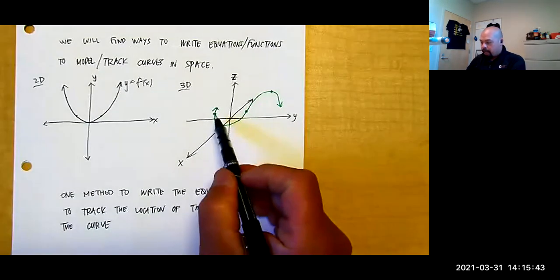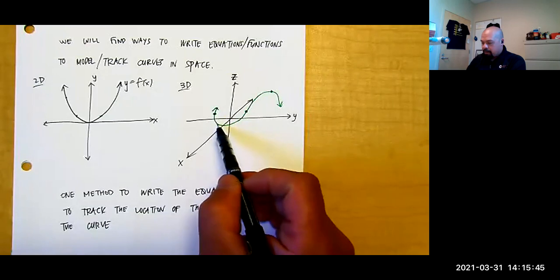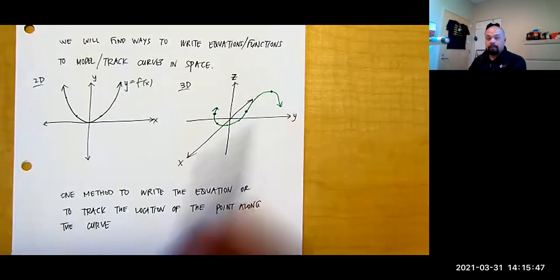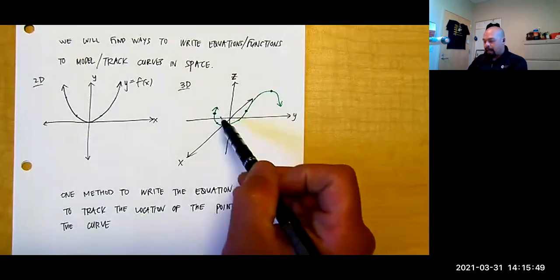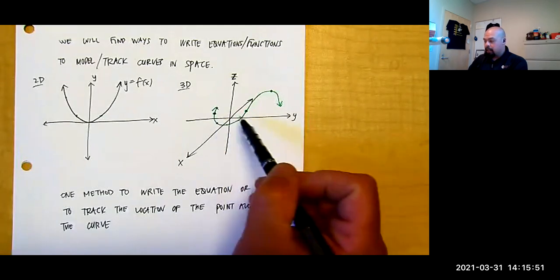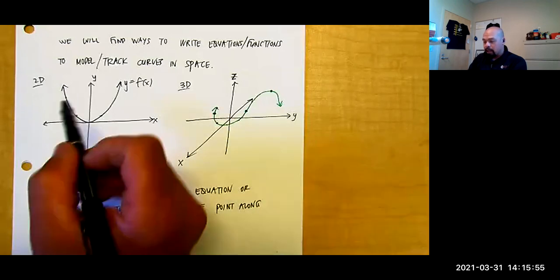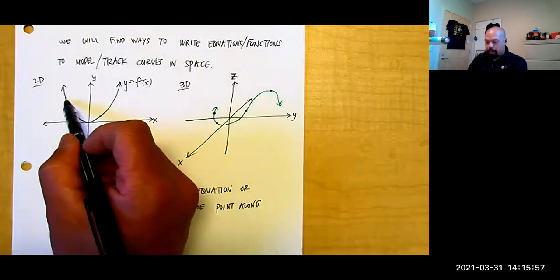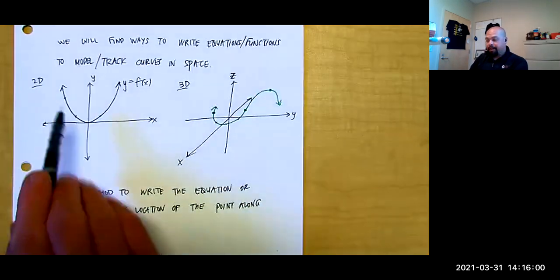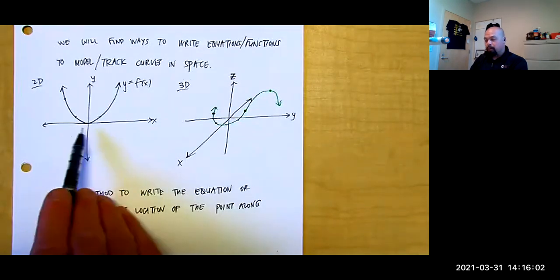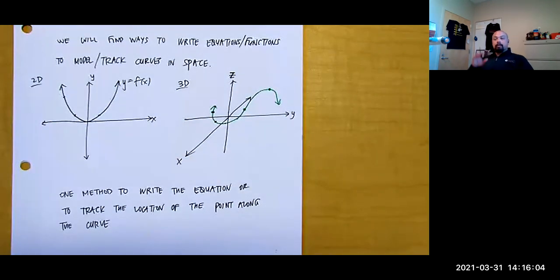I'm trying to figure out the path that this particle is following. At any moment, I can track, okay, now my particle's here, then the point's at this location. First, my point starts up here, then it's going to move down here, and the points start to fill up, right? So I'm tracking that location along this curve.